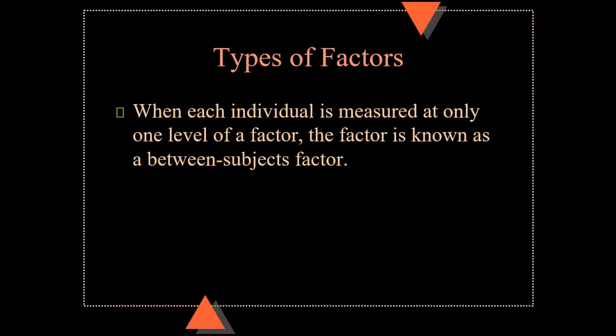Every individual was either in an organized or disorganized lecture, and every individual was in either outline, linear, or matrix notes. They were not in both kinds of lectures, and they were not taking more than one type of note or using more than one type of note. So all the factors that we have looked at before this series of videos focused on between subjects factors.